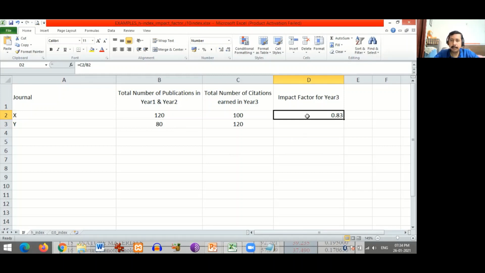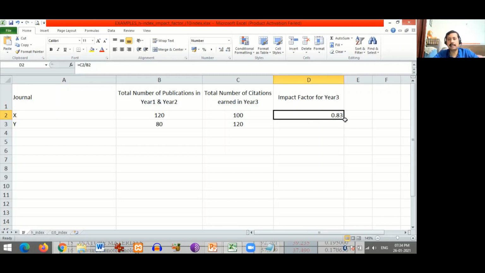This simply means that each article published in journal X in the year 2017 and 2018 has earned 0.83 citations in the year 2019. Not even one citation per article published.